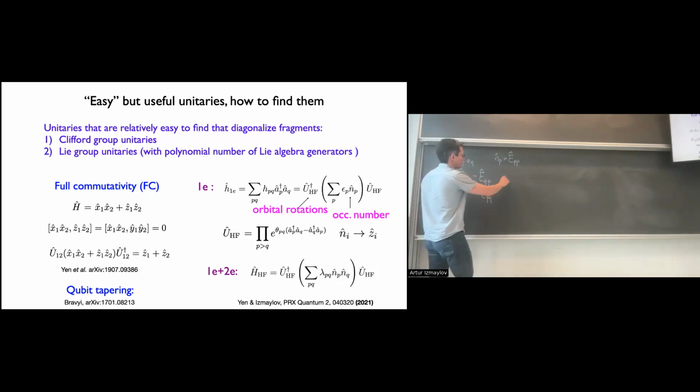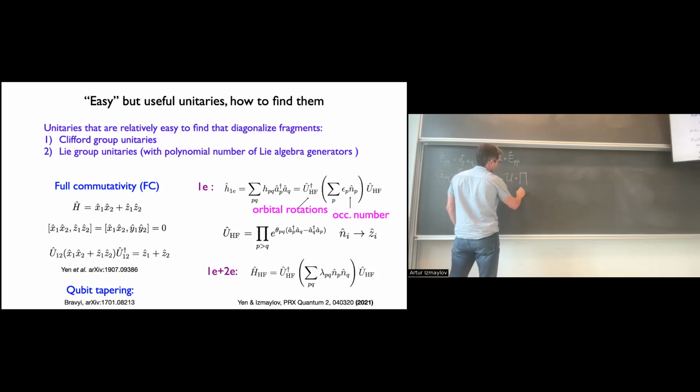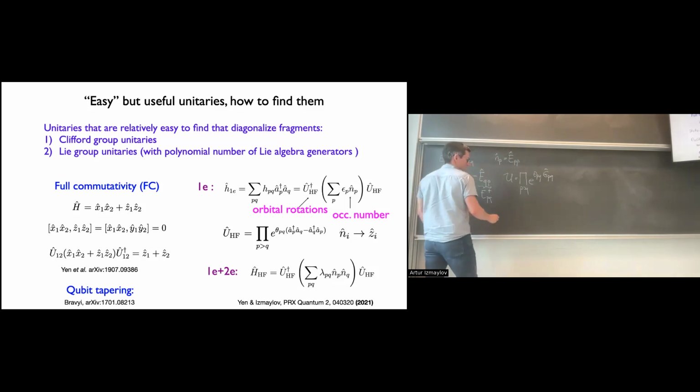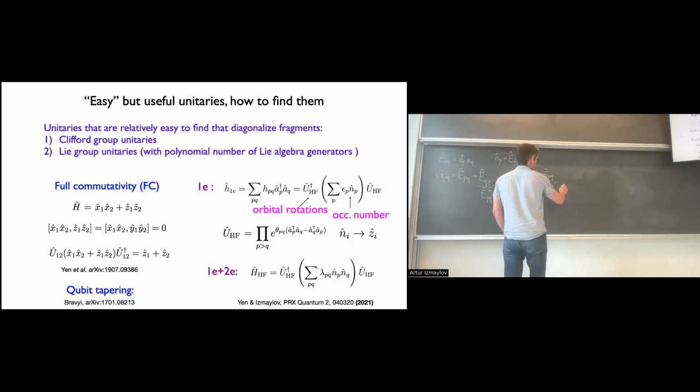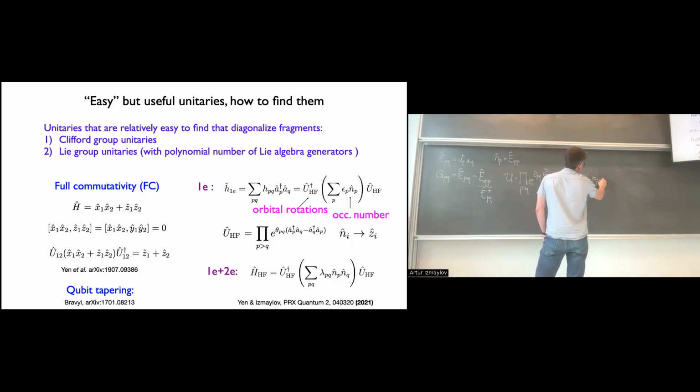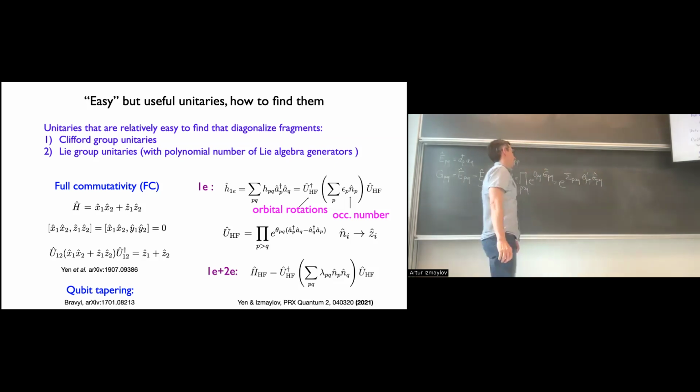The unitaries that we want to find, either we can write them as a product of these terms, the generator PQ, or we can write them also as the exponential function of a sum over P more than Q, theta PQ, G PQ.